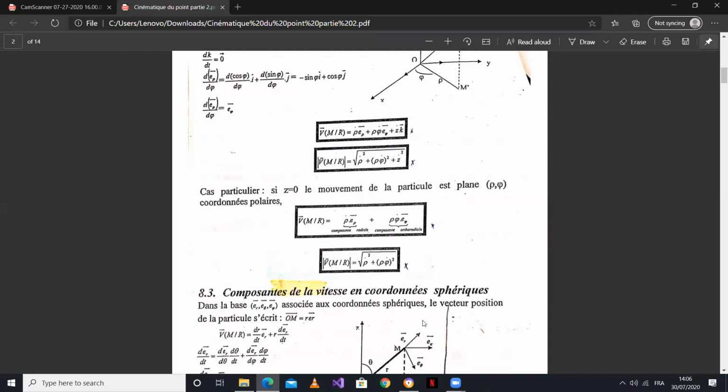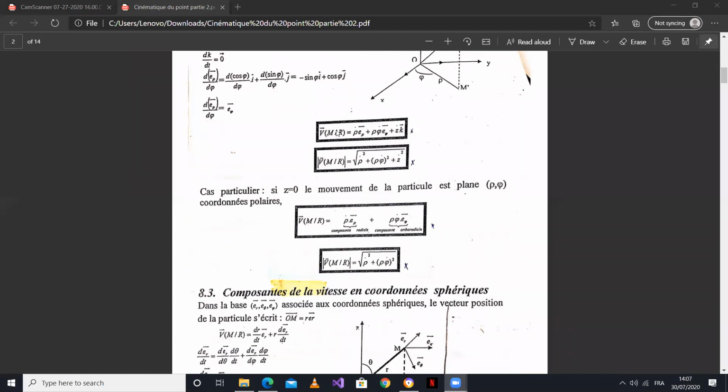Are there any questions? Yes, question. I've forgotten the meanings of M and R. The meaning of M and R? Yes. M is the material point and R is the reference frame.